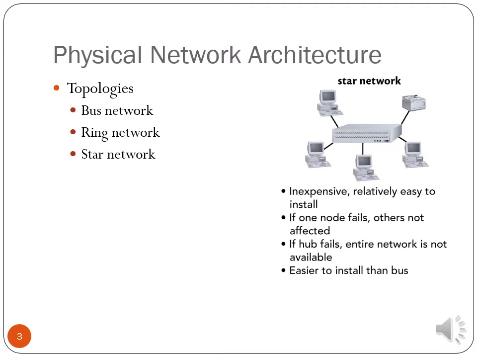Next reason they're popular: if one node fails, others are not affected. What does that mean? Each computer in that diagram represents what we call a node, one section of the star network.